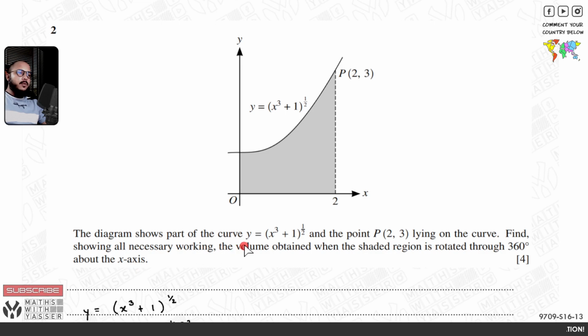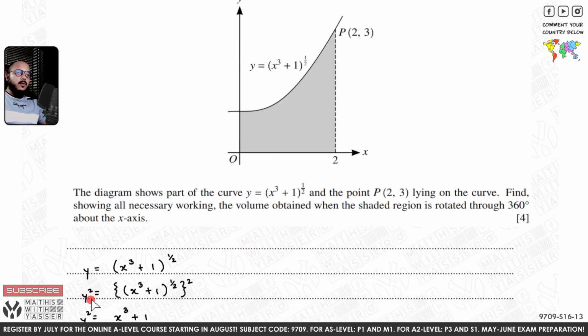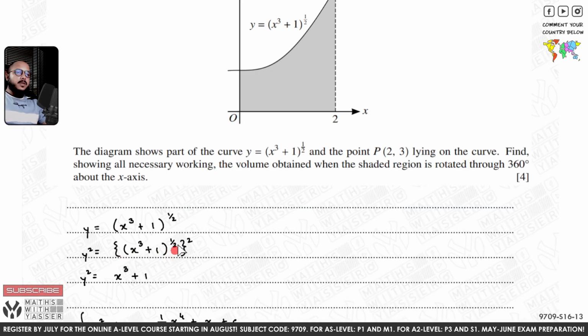So we need the volume and the rotation will occur about the x-axis. So this is the equation of the curve. That means first let's find out y². So y² will give us ((x³ + 1)^(1/2))², which gives us x³ + 1 because half times 2 is 1.